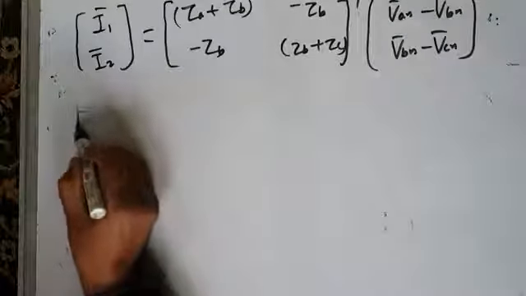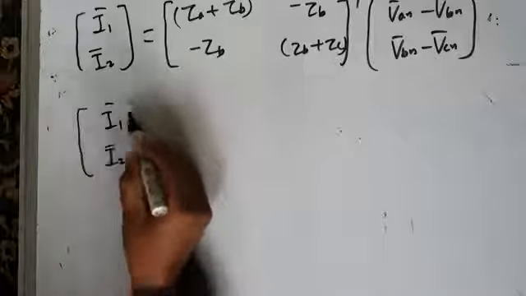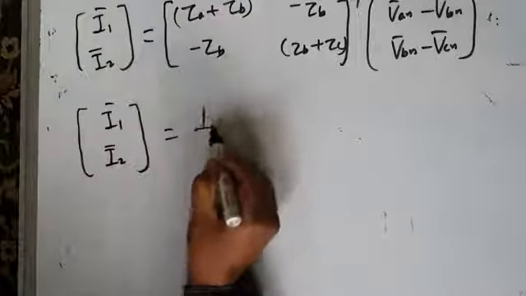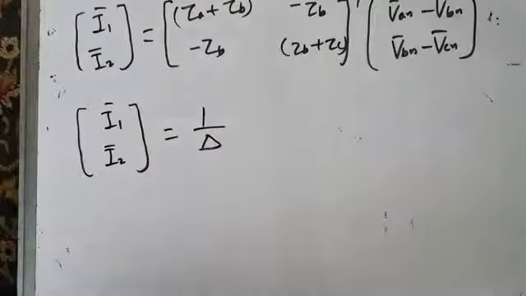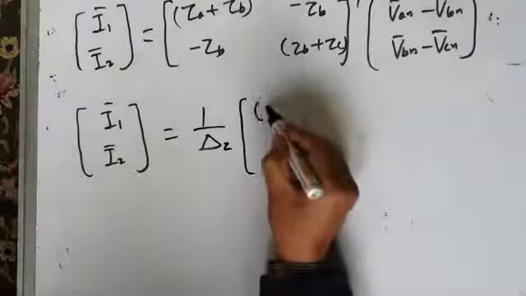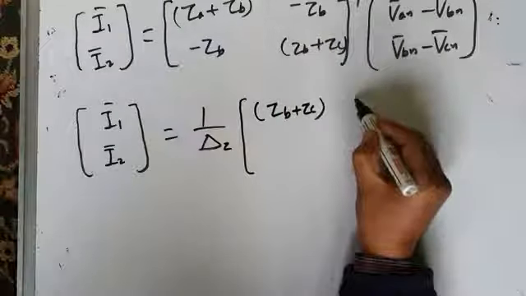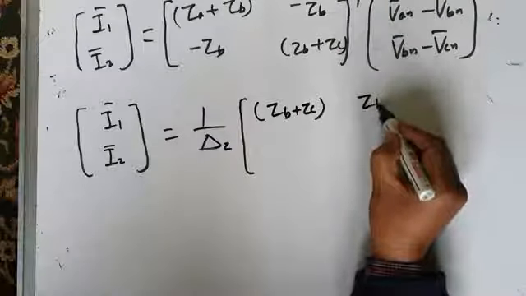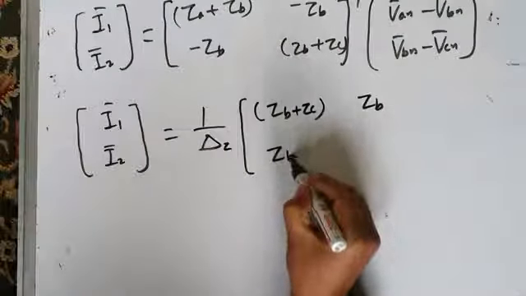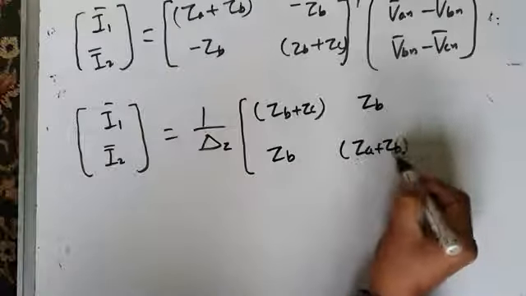So I can also write it as I1 I2 equal to 1 by delta Z. Let me call this 1 by delta Z. Then I will write first this ZB plus ZC, and then this minus ZB will become plus ZB, and here also it will become plus ZB, and then this term is ZA plus ZB.